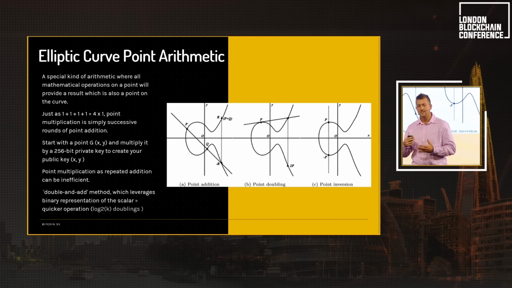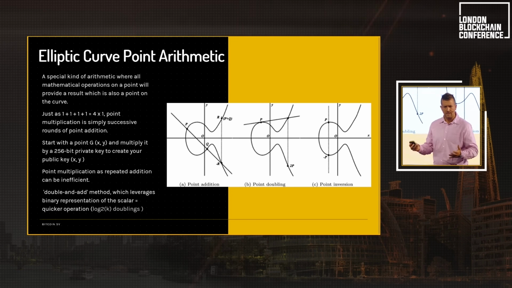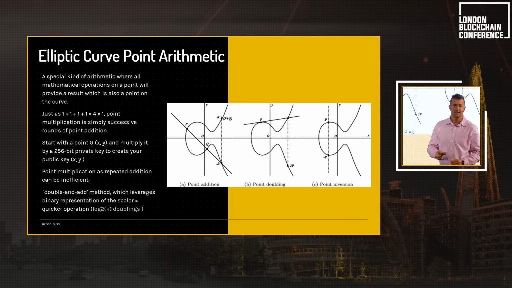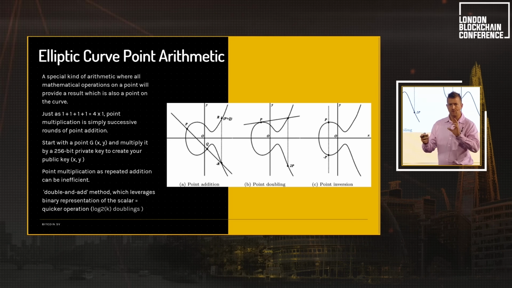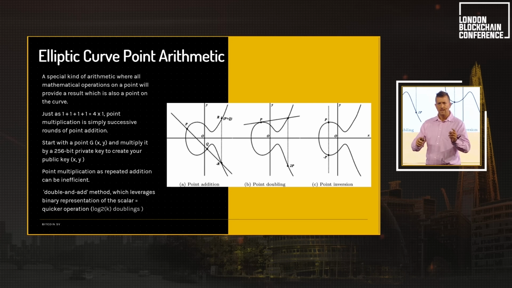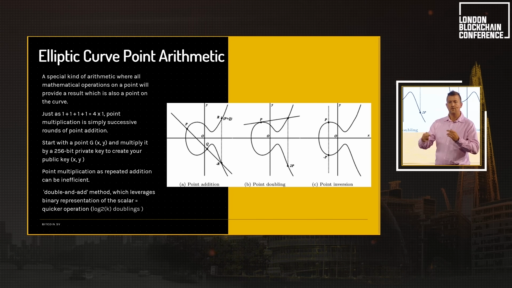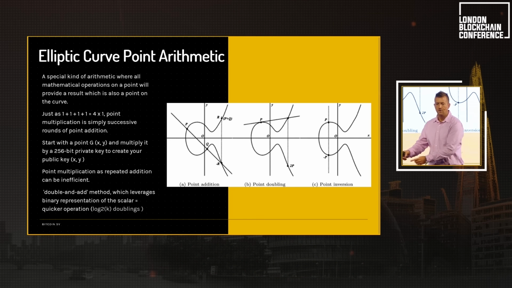So this leads us into the process of elliptic curve point arithmetic. It's a special kind of arithmetic where, when you're operating on 2 points within that curve and you fulfill the equations between the two, it'll yield another point on the curve.